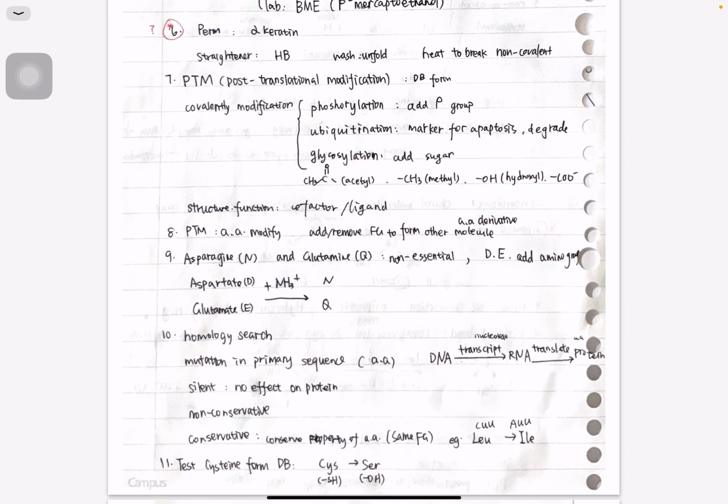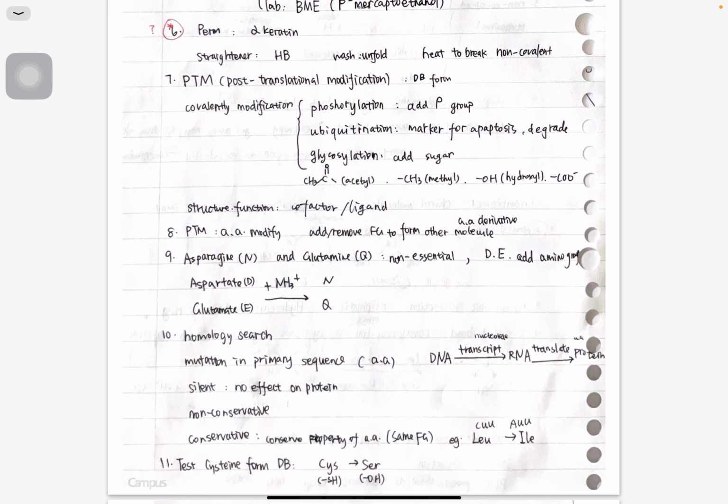And post-translational modification, disulfide bond is part of them. Covalent modification means you add some group onto your protein. Phosphorylation means you add a phosphate group.